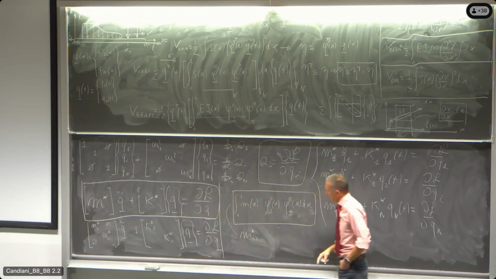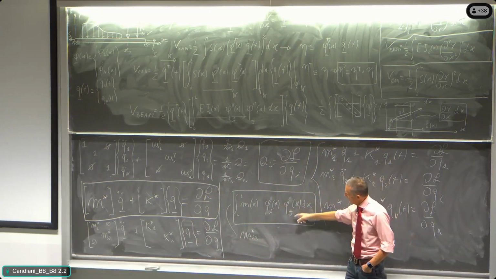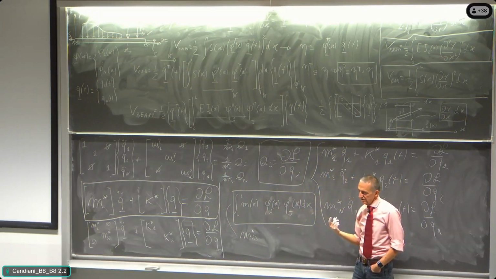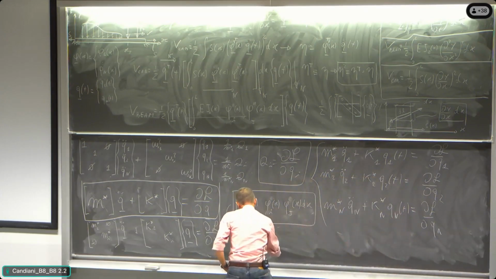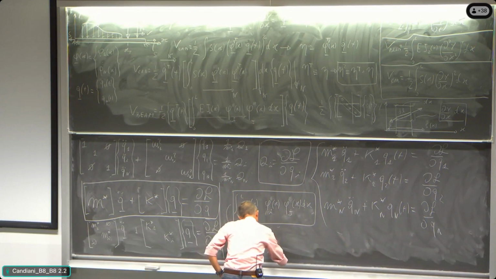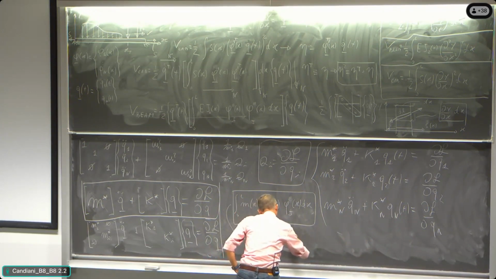So the m star ij is shape i times shape j, times the distribution of mass, but we just have the diagonals, and so let's start using m star i equal to the integral from 0 to L of m.